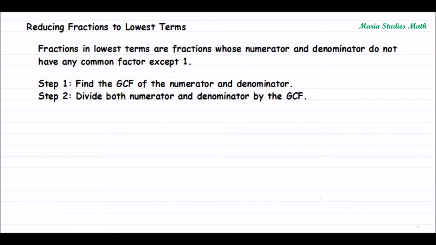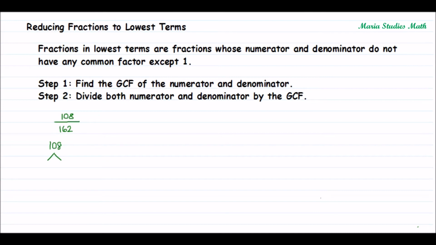What if we're asked to reduce 108 over 162 to lowest terms? Step 1, find the GCF of the numerator and denominator. That means we have to do the prime factorization of 108 and also 162.